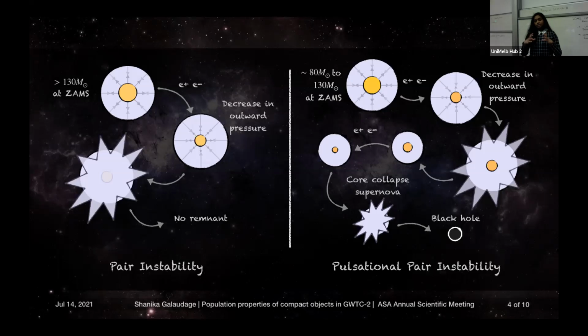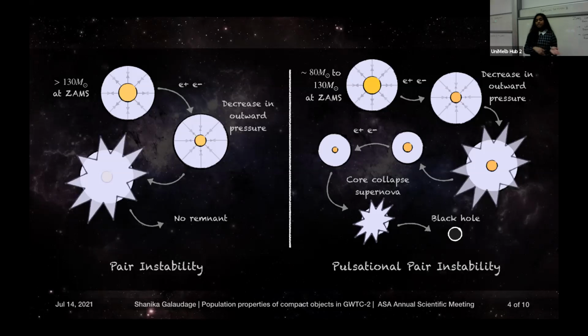This continuously happens, and there's a runaway effect essentially until the core is so hot that it ignites oxygen, and then we have an explosion. In this case, we have no remnant left behind, so the star completely blows up.